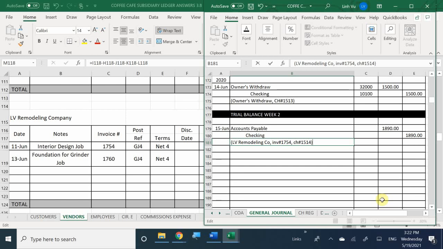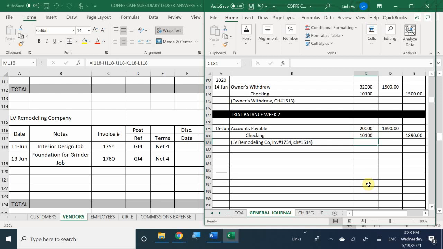Oh, wait, I gotta fix mine. It's okay. And then LV Remodeling, invoice number 1754. For your PR, it's going to be 20,010. Good.